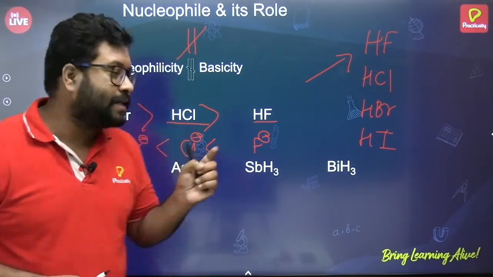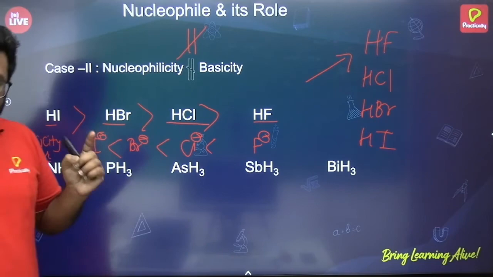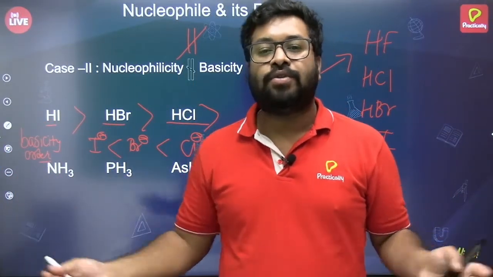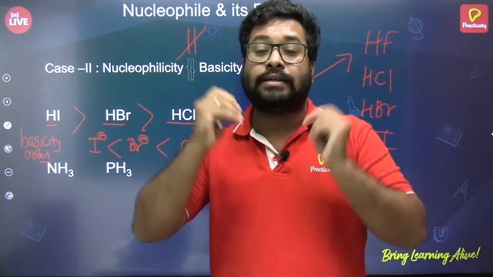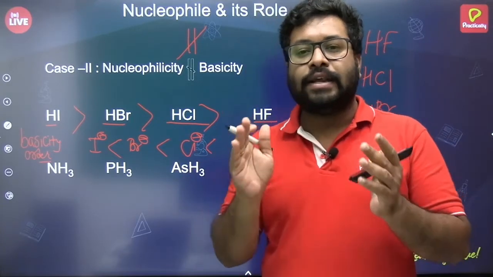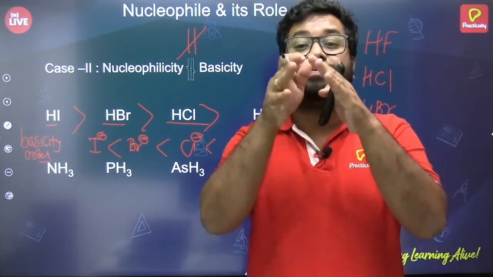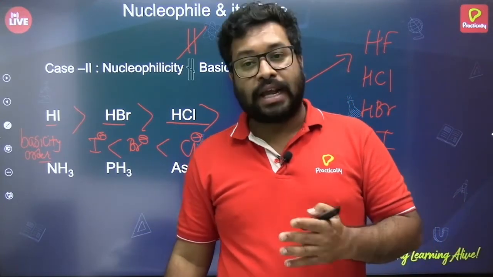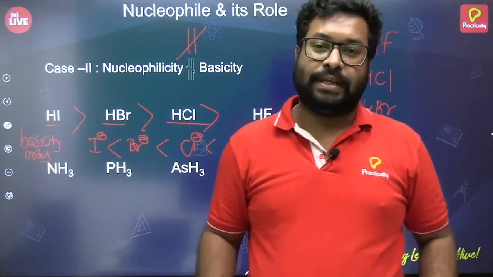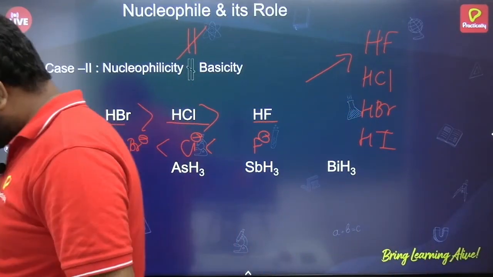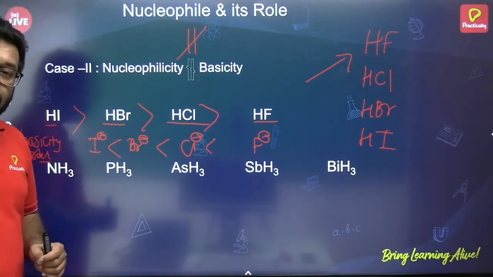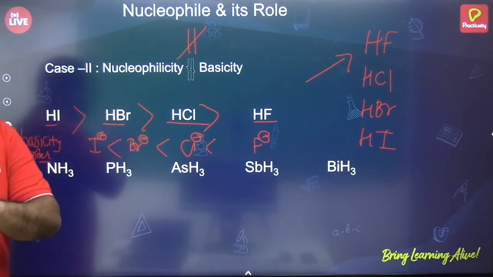The negative charge is the same on all the 4 species, but the size is different. Fluorine is smallest in size, iodine is largest in size. So when the atom becomes larger, the negative charge gets spread over a larger volume, so the density definitely decreases. When the density decreases, the intensity also decreases. That is why fluorine would have the highest electronic density, and hence it would be the strongest base.